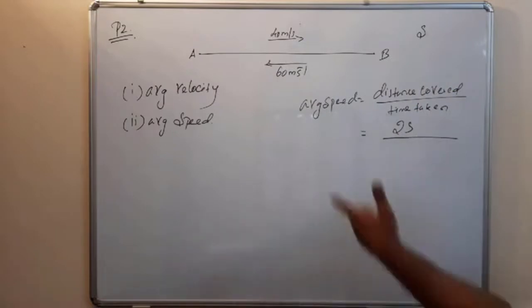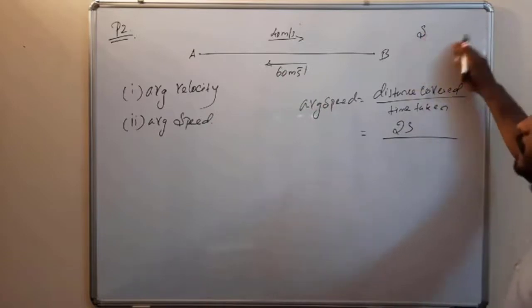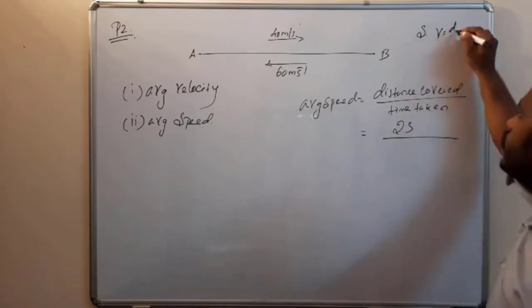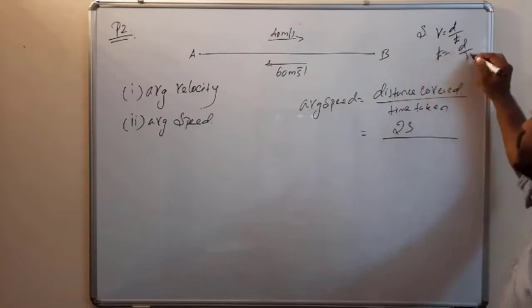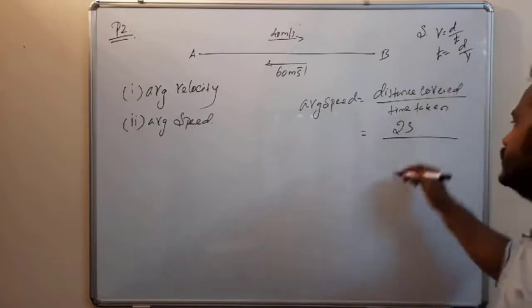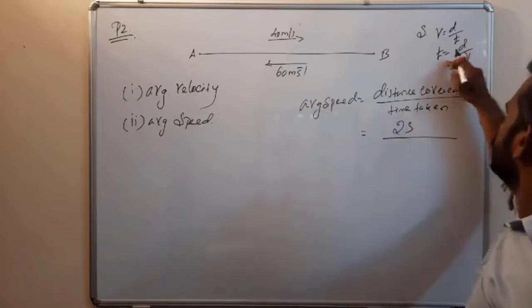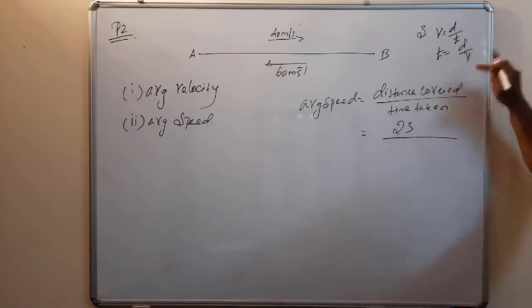Time is not given. So velocity is equal to displacement by time, so time is equal to displacement by velocity. So 2s divided by time, which we can write in terms of displacement and velocity.